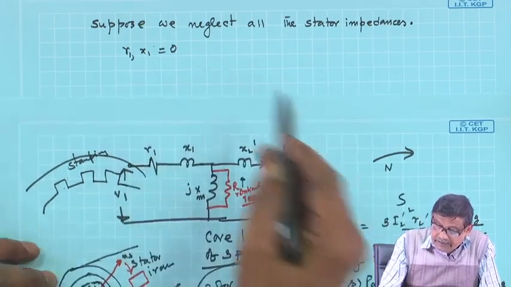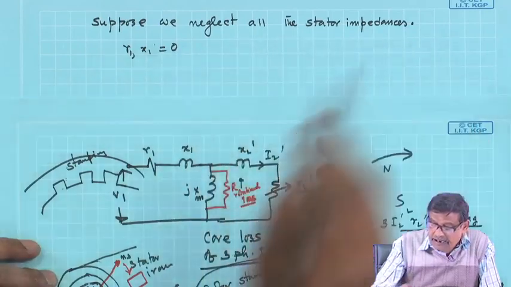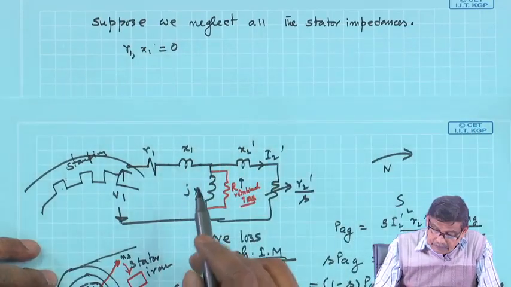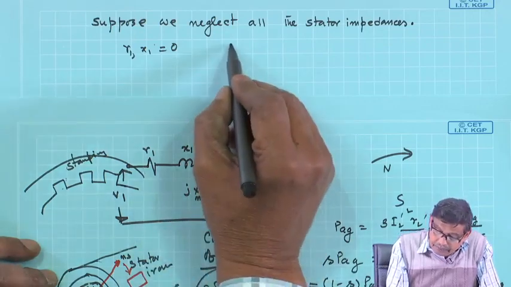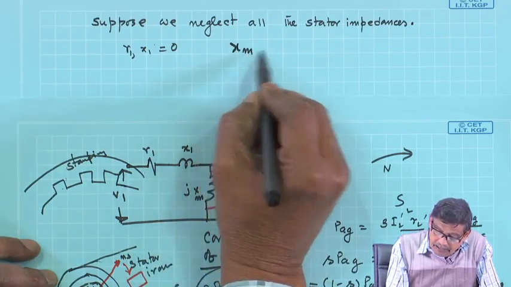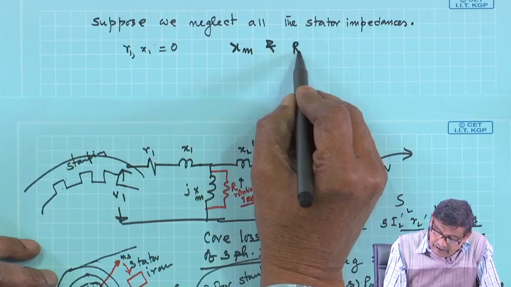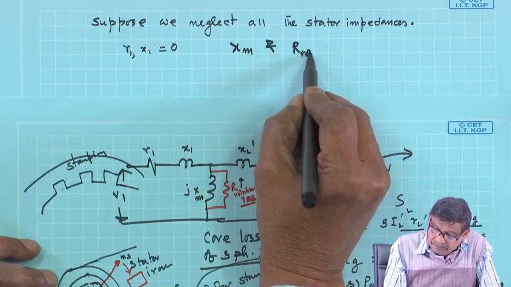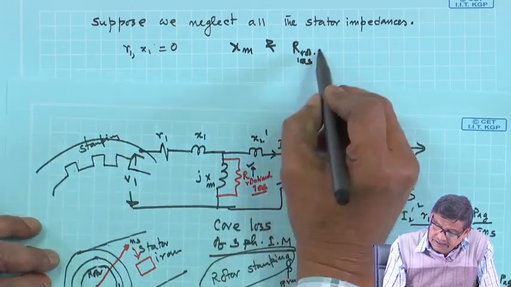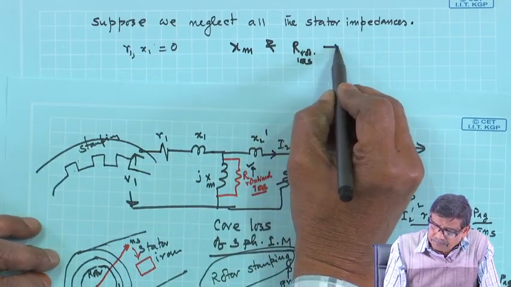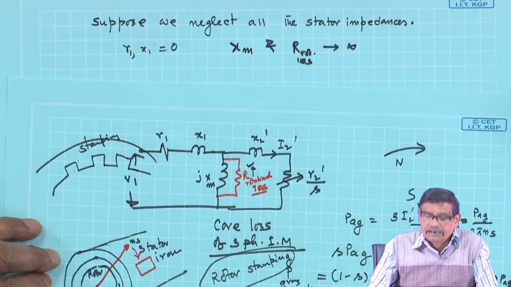When I say neglect the stator impedances, don't short it, they should be opened: Xm and R rotational loss resistance, this resistance is very large, like infinity.